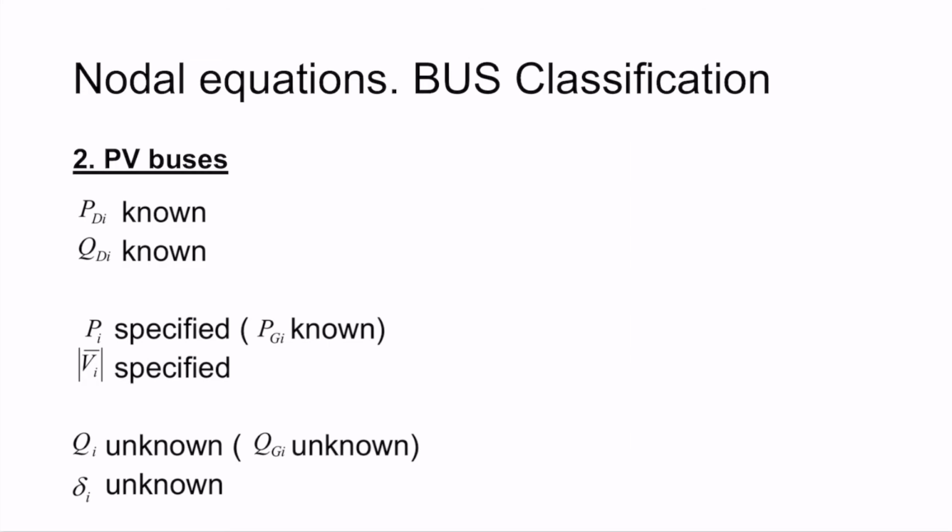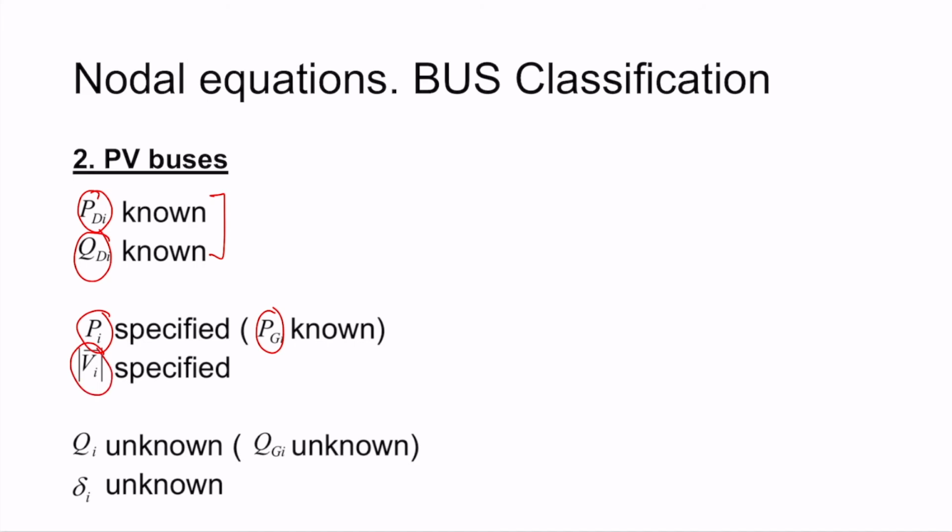The other type of nodes are the PV buses. PV buses are buses where we know active and reactive power of demand, so typically demand is always known. Then we know active generated power, so we will know the active power injection. And voltage is specified.